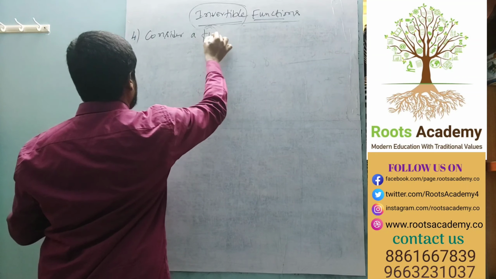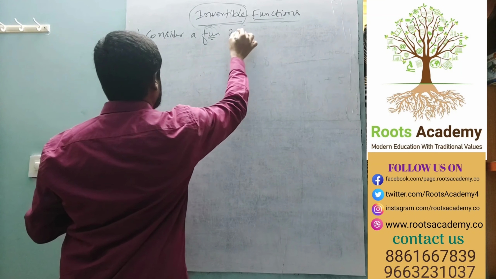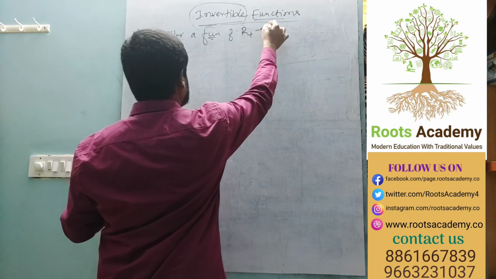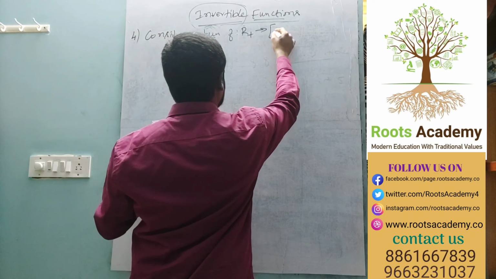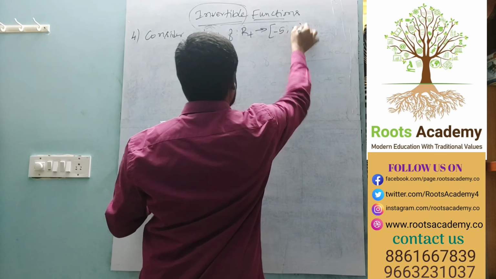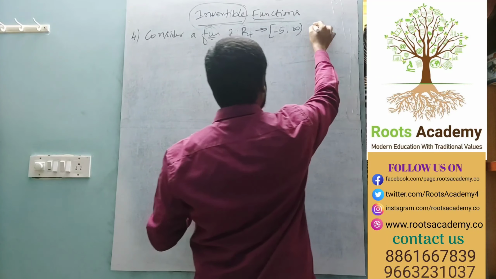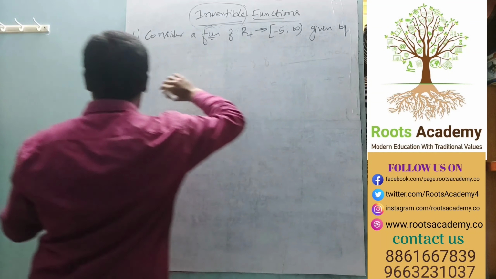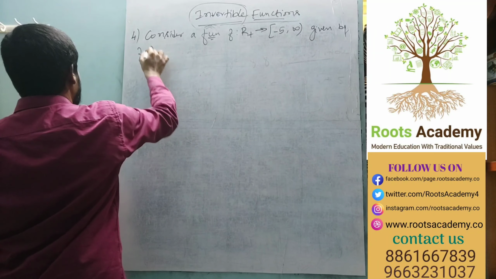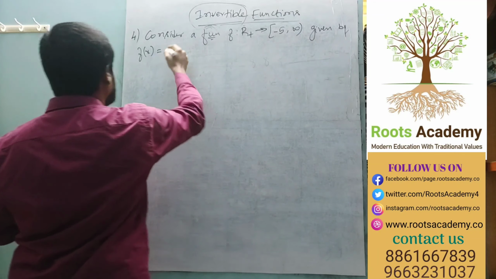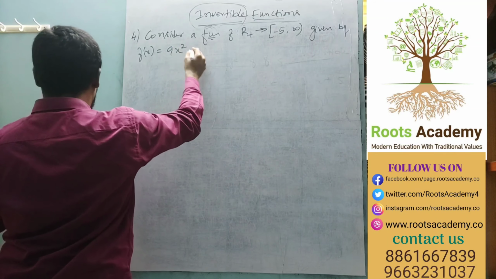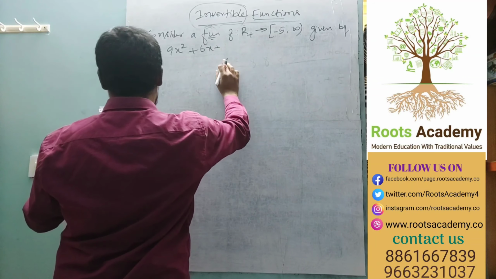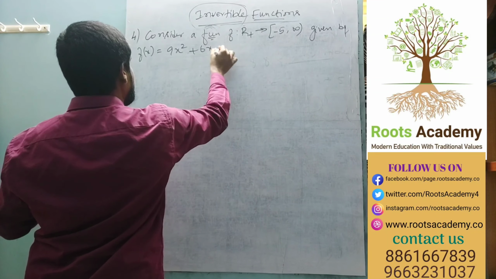Consider a function f from R plus to the closed bracket minus 5 comma infinity, given by f of x is equal to 9x square plus 6x minus 5.